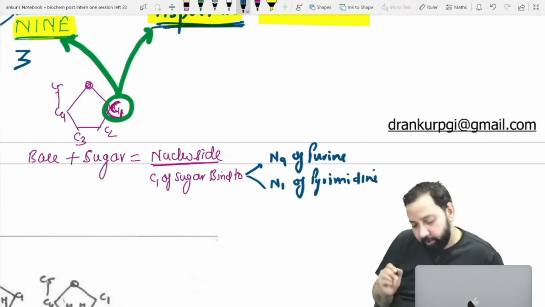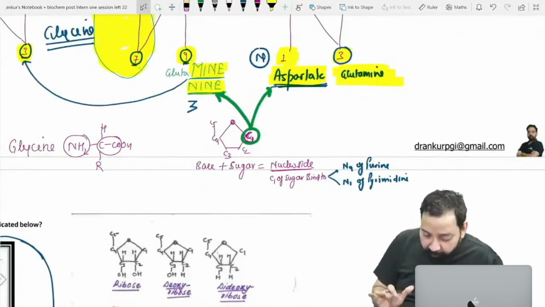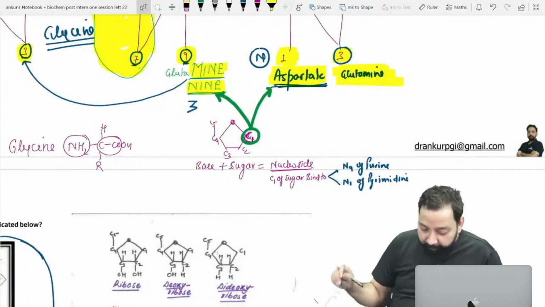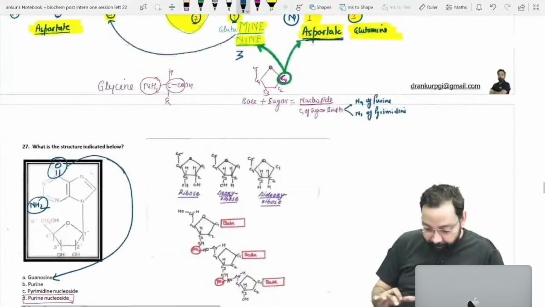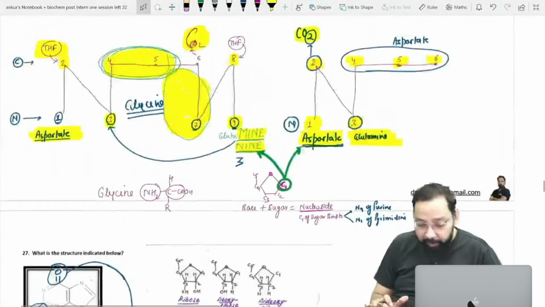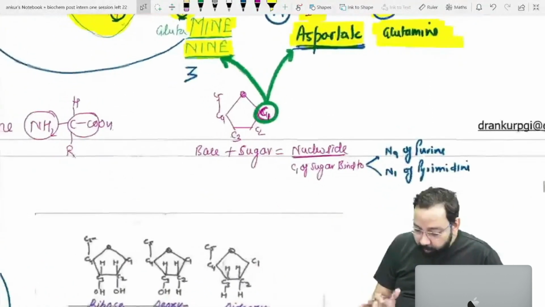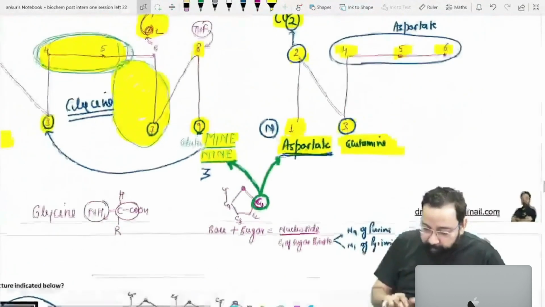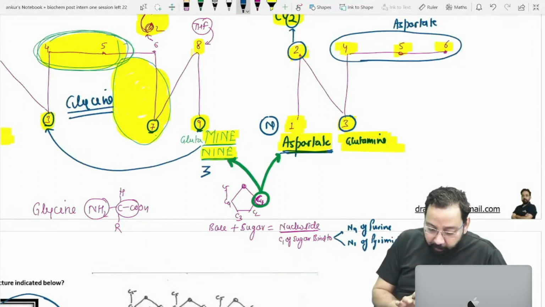Yes or no? These questions have been asked in MLE multiple times, and they have recently asked a question on this. So I can't leave this concept. N1 of pyrimidine binds with C1 of sugar, and N9 of purine binds with C1 of sugar.